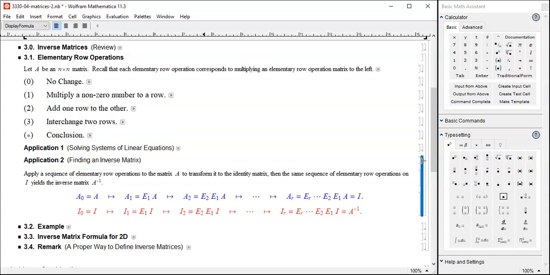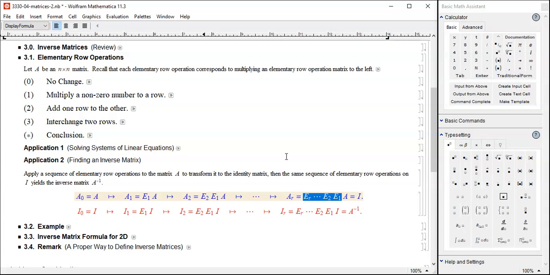So we are not going to consider the linear equations anymore, even though it's related. We start from matrix A, which we'll call A0, and then apply E1, and that becomes A1. Apply E2, apply E3, apply E4, all the way up to ER, so we end up multiplying these matrices E1 through ER to the left.